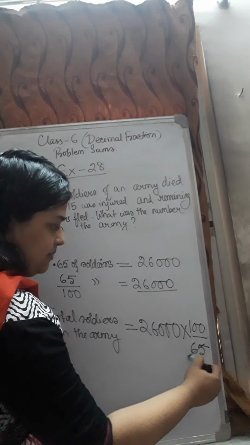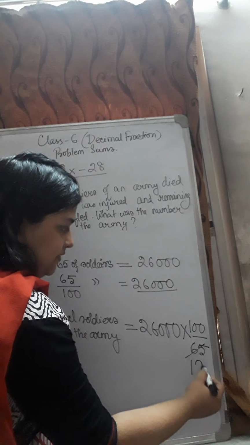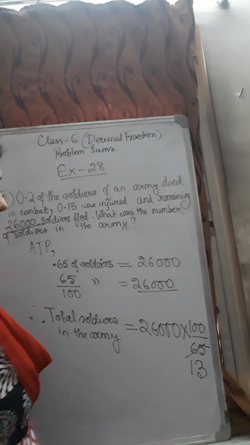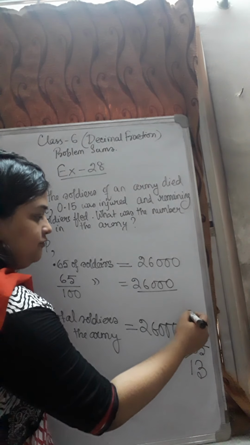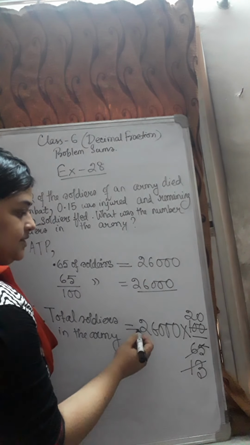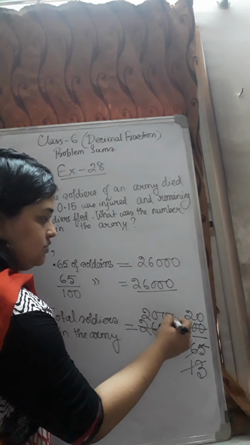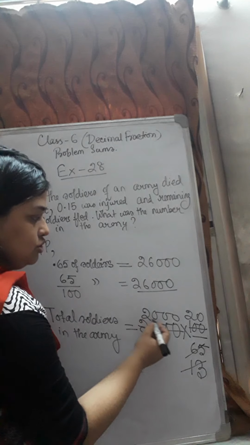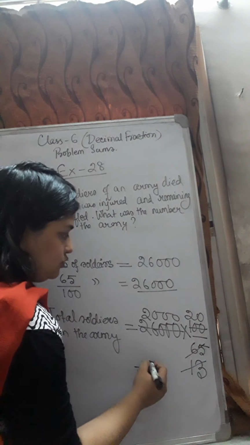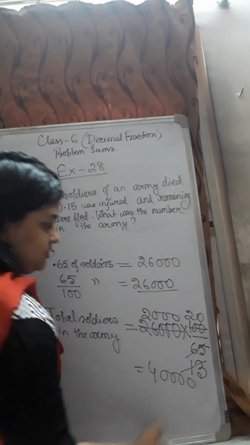Now with 5 I am cancelling. 5 ones are 5. 5 threes are 15. 5 twos are 10, 0. Now 13 and 26 can be cancelled. 13 twos are 26. 3 zeros are there. So 2000 into 20 will give me 2 twos are 4, and just add the number of zeros.